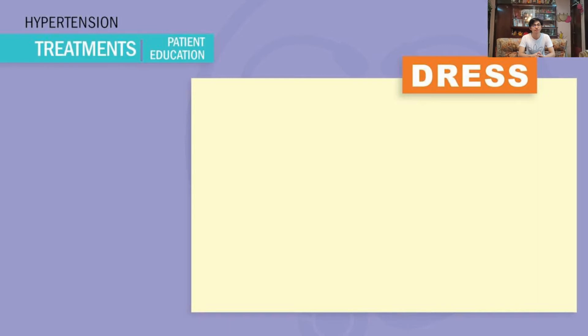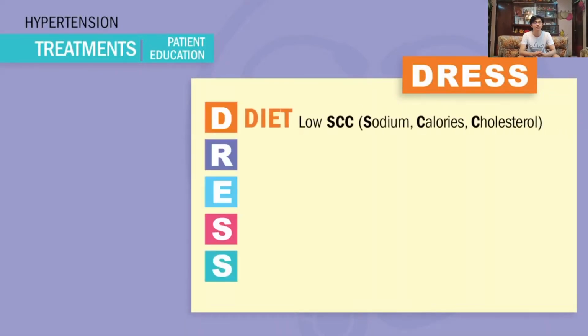The main treatment for hypertension is lifestyle change. Use acronym DRESS to remember these things. D for diet, which is low in SCC: sodium that retains fluid, calories, which can lead to obesity or increased body weight, and cholesterol, which can cause clogged arteries.